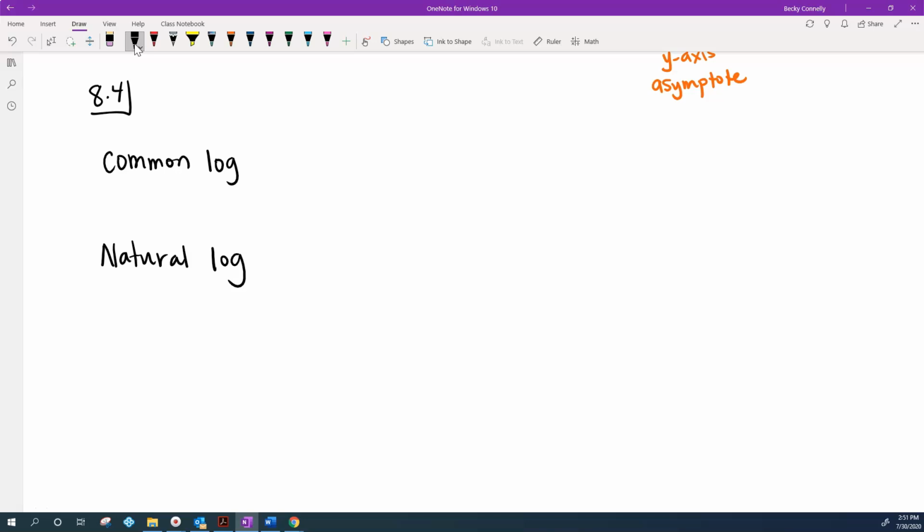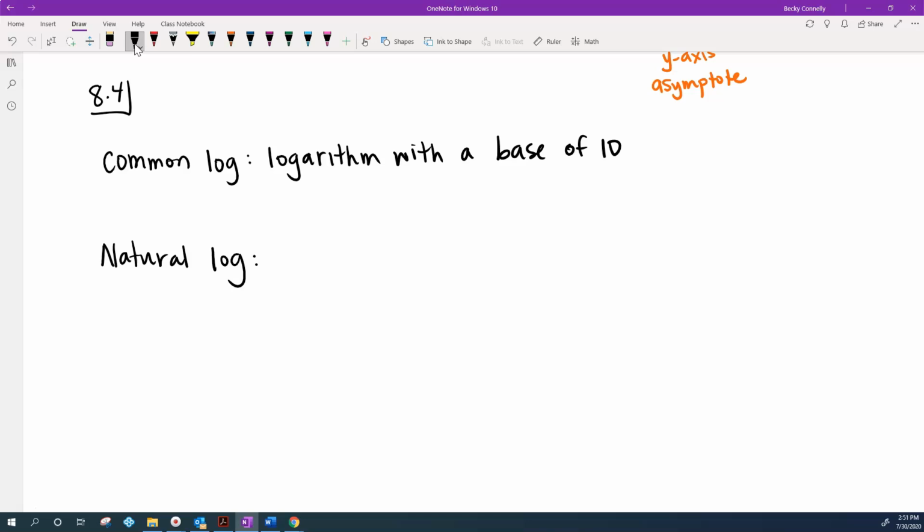Basically, a common log is just a logarithm with a base of 10. Okay, so it always is in base 10.